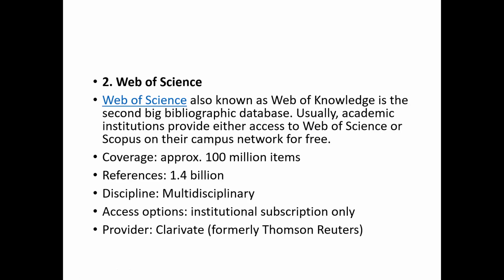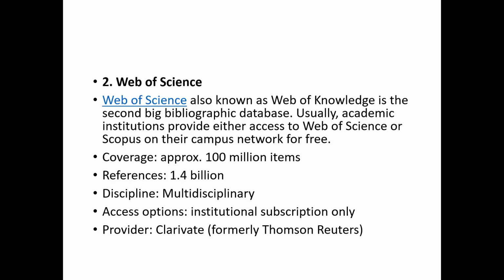So the coverage is approximately 100 billion items, and the number of references is 1.4 billion, even more than that. And the discipline is also multidisciplinary. So for all research areas, we can take articles and books published on Web of Science free of charge.